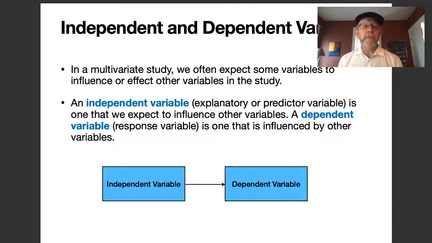While a dependent variable, which is sometimes called a response variable, is a variable that is influenced by other variables. So the little diagram there just shows you a basic conceptual picture of an independent variable that's influencing the dependent variable, and the influence is represented by this arrow.